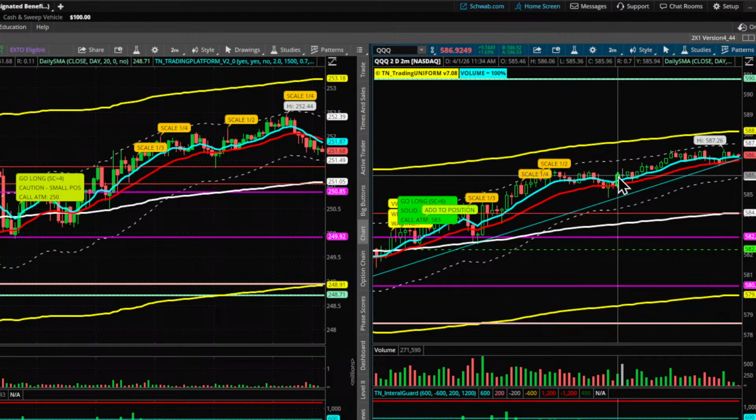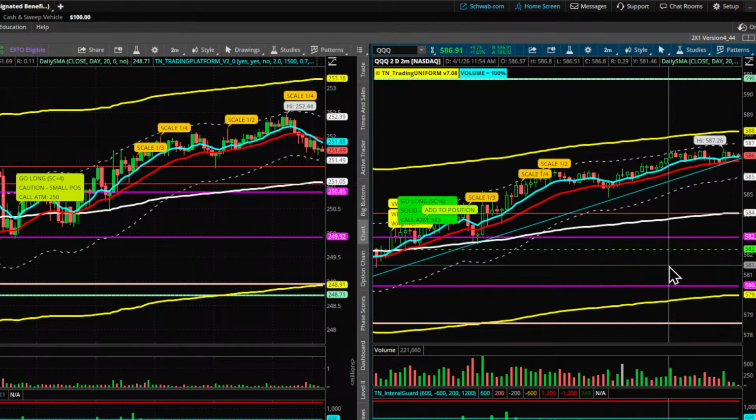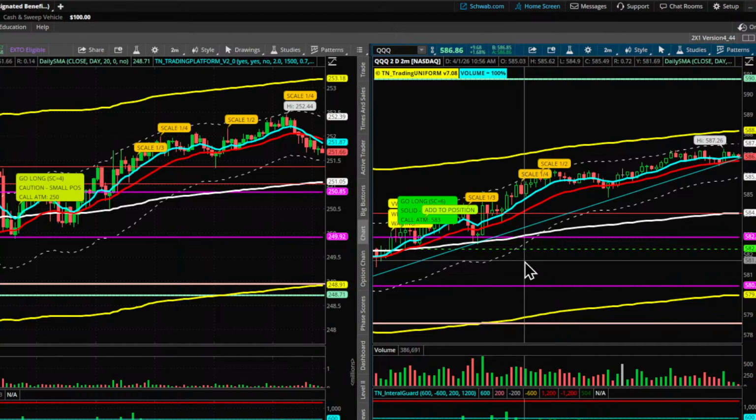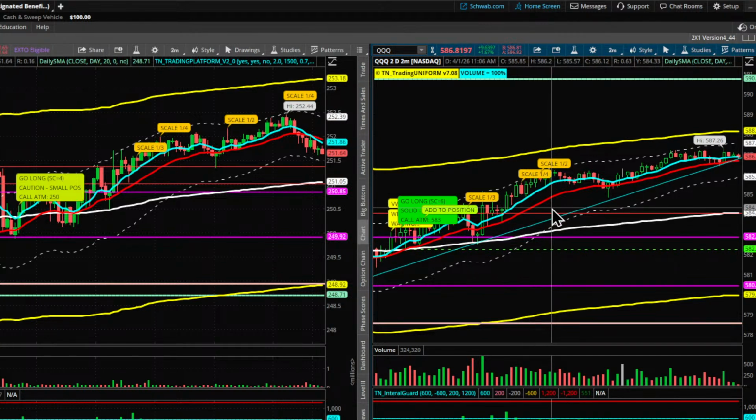So when you enter here, next thing you know the price reverses and drops like a rock. That is the difference between just looking at the pattern versus looking at the entire structure behind it. And that's what the system does. It looks at both. It looks at the candle pattern. It looks at the structure.